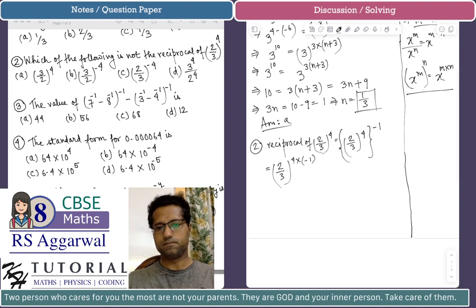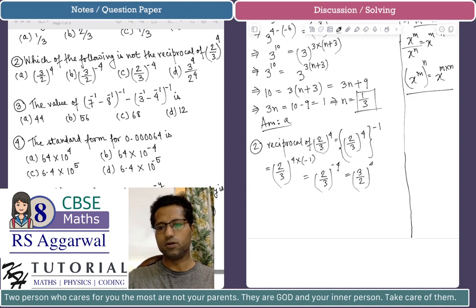We have the reciprocal of 2 by 3 raised to the power 4 is nothing but 2 by 3 raised to the power minus 4. Now, when the power is negative, this is nothing but 3 by 2 raised to the power 4.